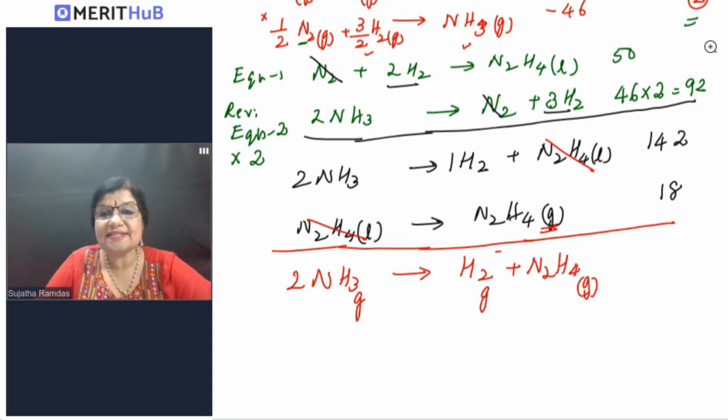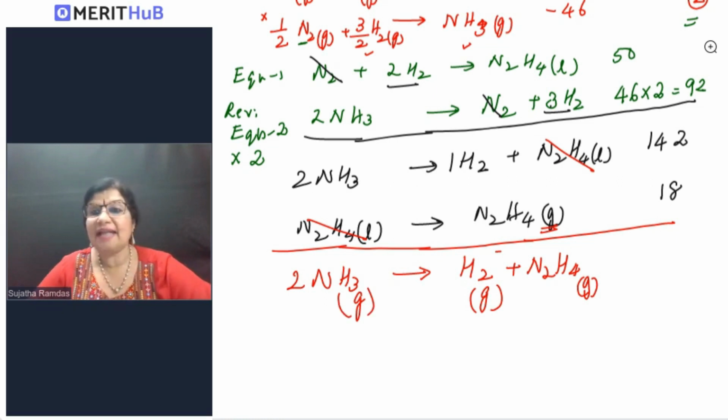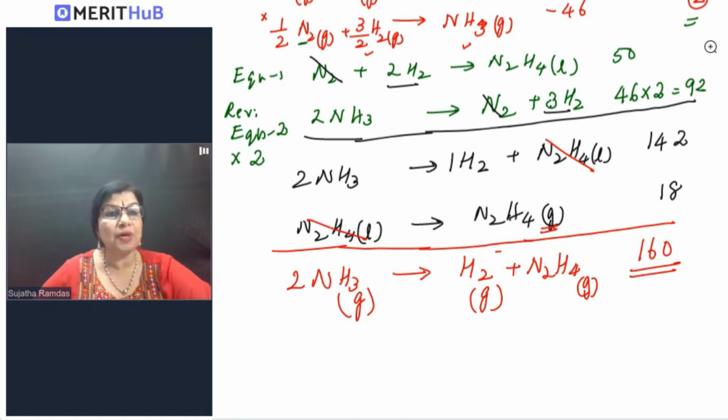So all these are in the gaseous state, and this value therefore becomes 160 kilojoules per mole. Okay, so we've arrived at the target equation. Using this equation, we need to find out the NN bond energy in gaseous hydrazine.